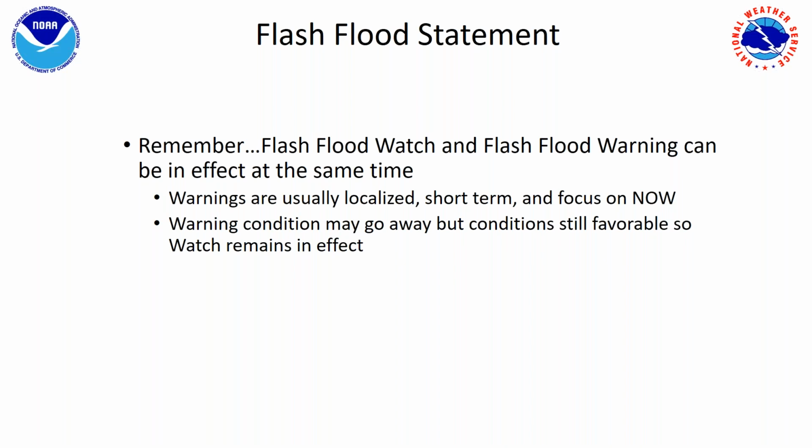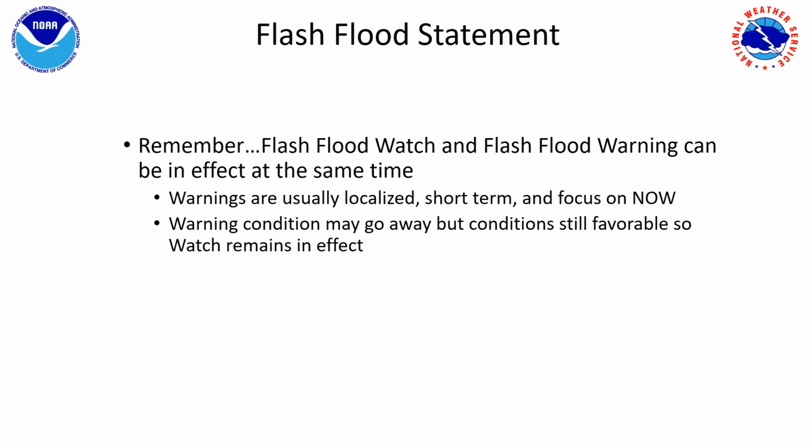But now the conditions that created all that unstable air and the risk of flooding are still in place. The trough may still be around, and it could still be very, very unstable. So the watch can still remain in effect, which covers the larger area. And if heavy rains do start again, then you would issue another warning. So you can definitely have both in effect at the same time.